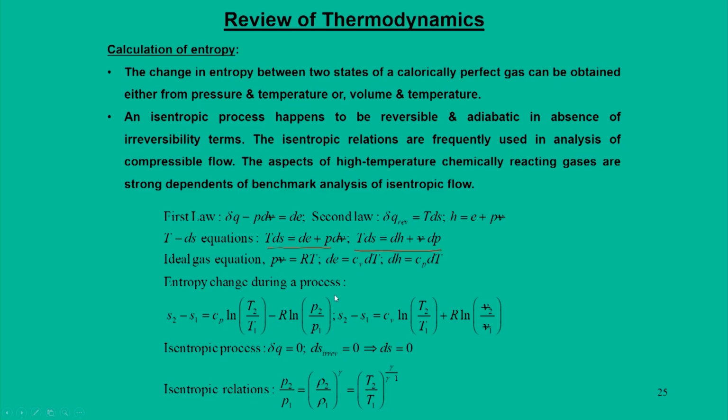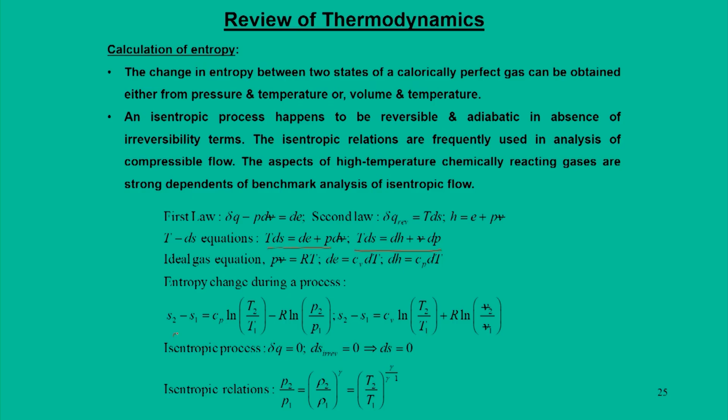Adding to that, we also have expressions for entropy change during a process, associated with temperature and pressure change, and also the specific heat at constant pressure and specific heat at constant volume.